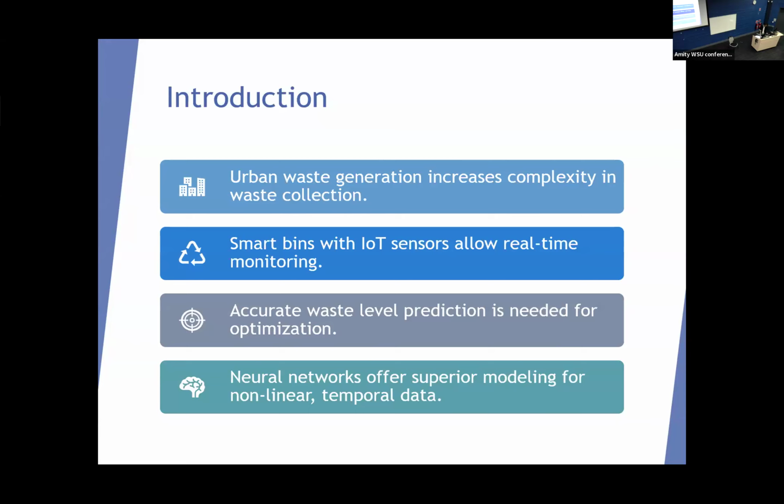Smart bins equipped with IoT, Internet of Things, sensors allow real-time monitoring, but to truly optimize collections, we need accurate prediction of bin levels. Neural networks, with their ability to capture nonlinear and temporal patterns, provide powerful solutions.